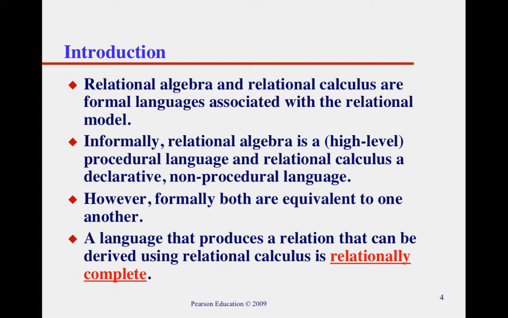And informally, the relational algebra is a high-level procedural language, whereas the relational calculus is a declarative language. That's why SQL is based on the relational calculus, because declarative, does anyone know what the advantage of declarative is versus procedural?